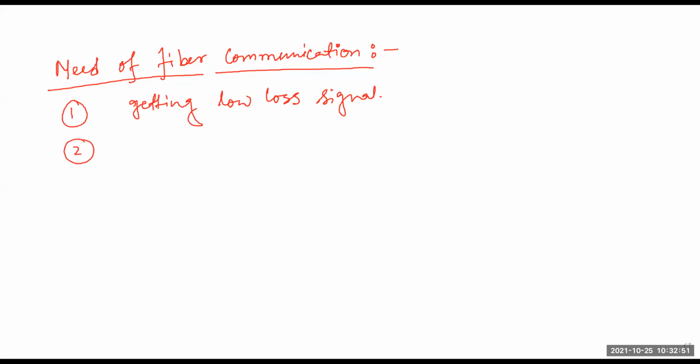And with the help of optical fiber communication system, the transmitter and receiver are very compact and least weight. Whenever we use the transmitter and receiver in an optical fiber communication system, they are very compact and least weight.